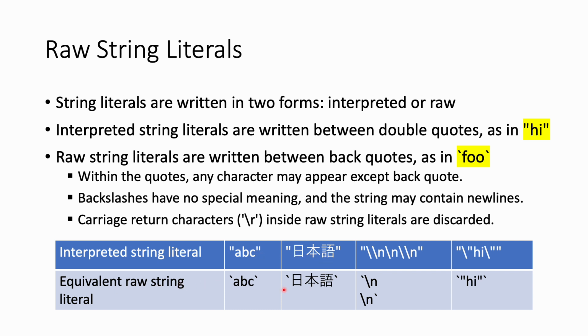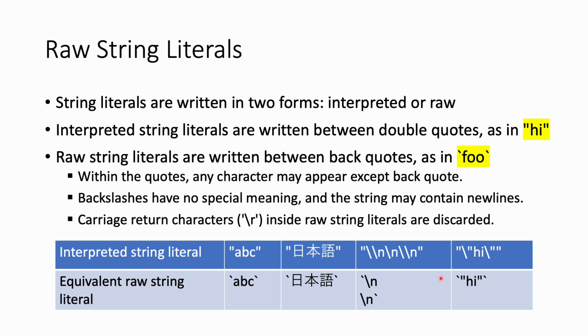In the first two examples, located in the second and the third columns from the left of this table, the sequence of characters within the double quotes is the same as that within the back quotes of the equivalent raw string literal, because the characters in the double quotes in these examples do not contain escape sequences.